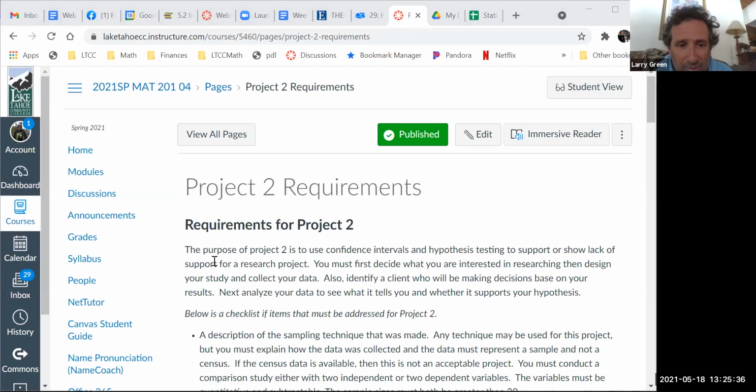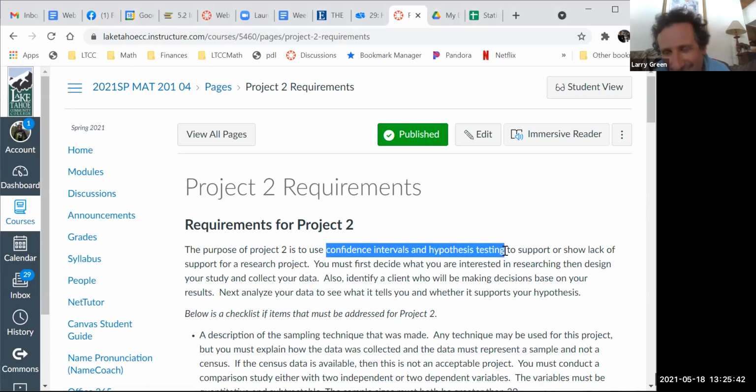All right, so the purpose of project 2, and I want to highlight this because it's important. A lot of people just don't focus on this, and you need to. It is confidence intervals and hypothesis testing. Okay, so the hope is at this point, even though you're not experts in it, because I've just talked about it for an hour, but you haven't actually practiced, the purpose is to come up with a confidence interval and conduct a hypothesis test.